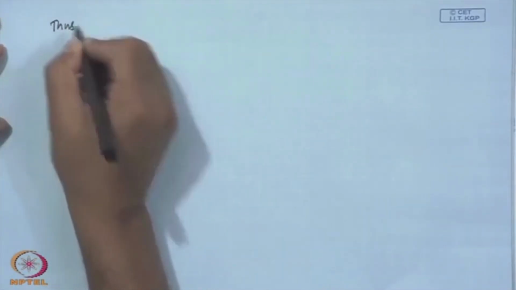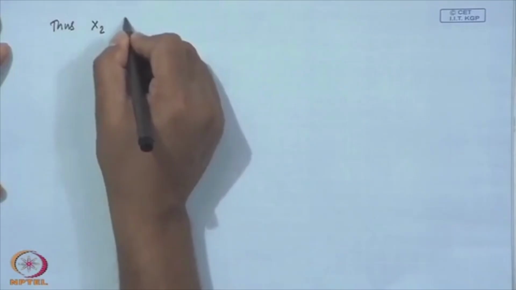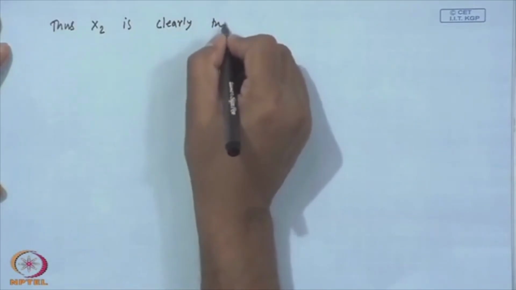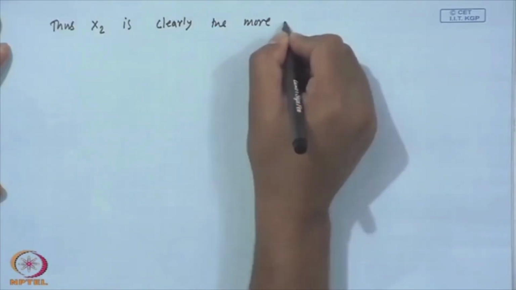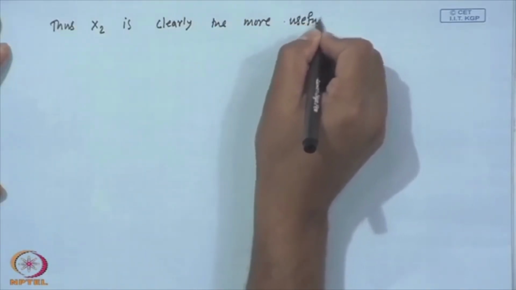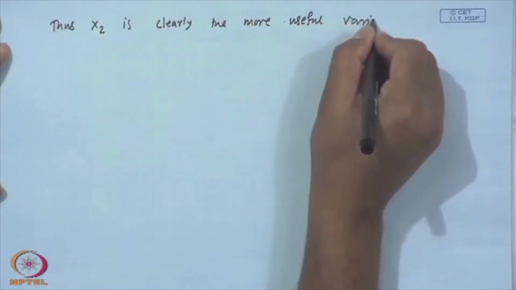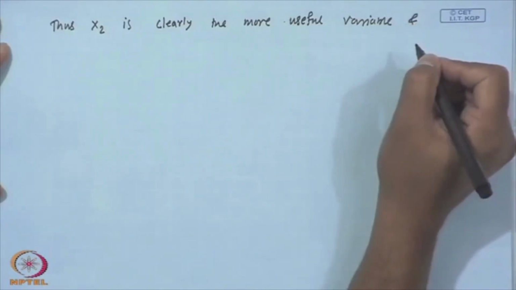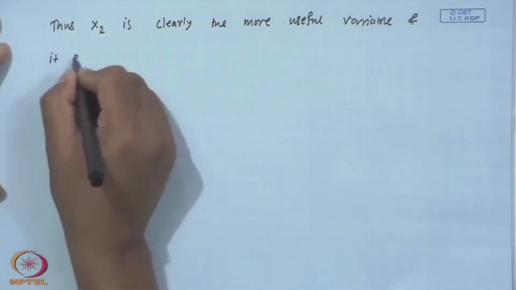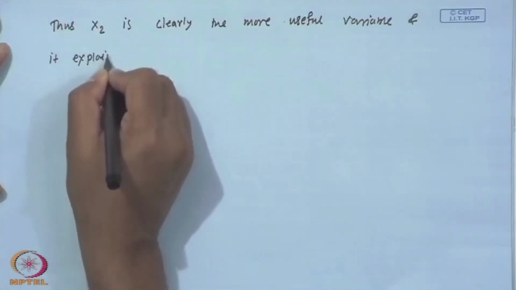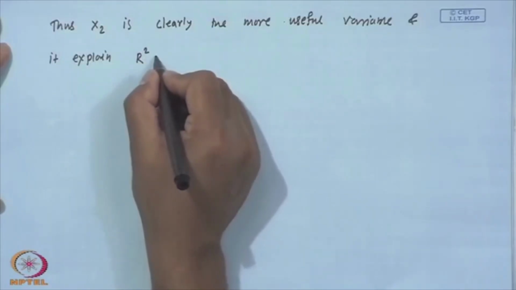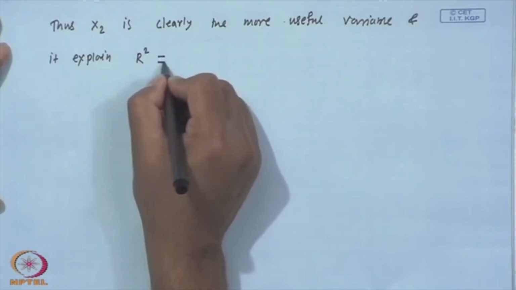Let me also conclude that thus x 2 is clearly the more useful variable. I will compute the coefficient of determination r square for x 2 itself.